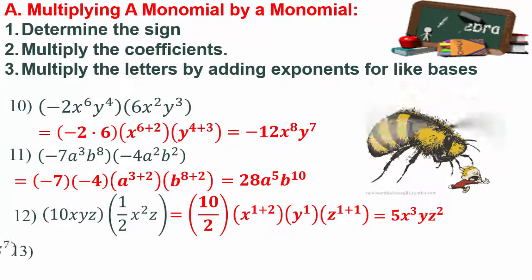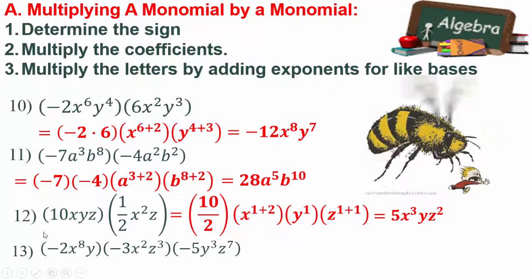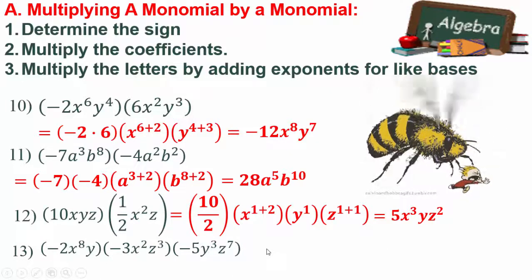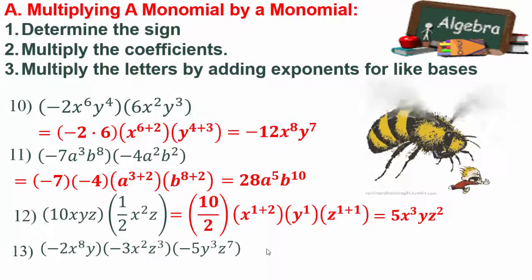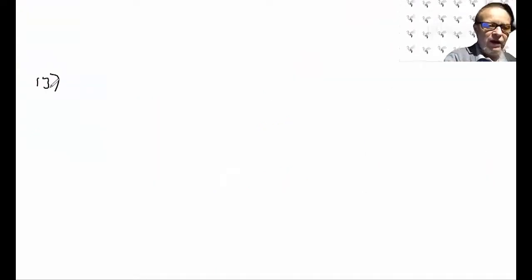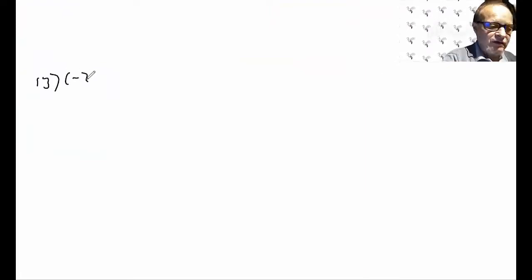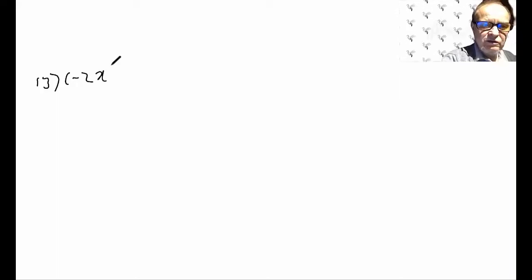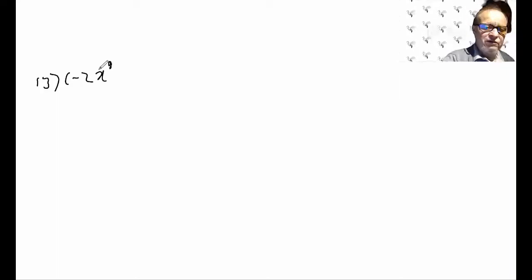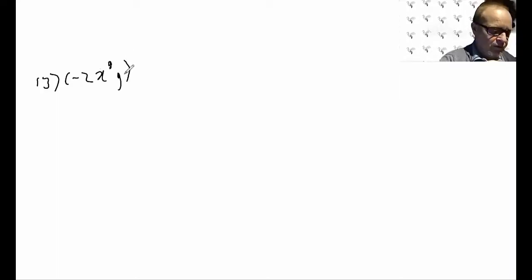In example number 13, well, we have now 3 monomials. So let's go over to the whiteboard and work this out in more detail. In number 13, we have negative 2, x to the 8th, y.